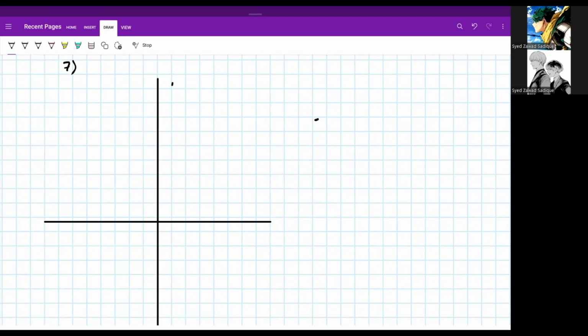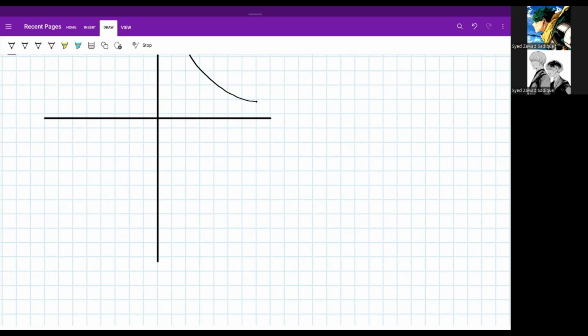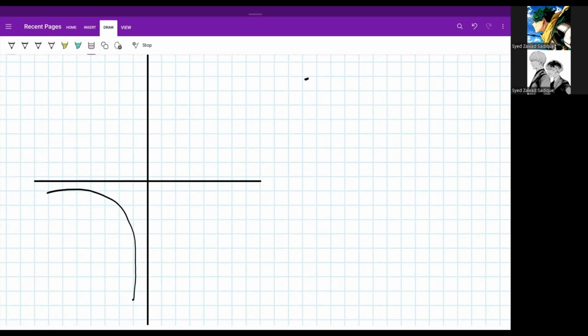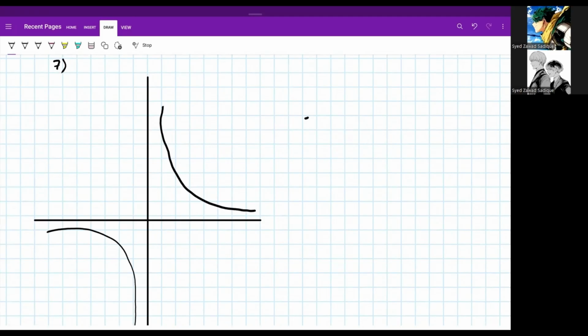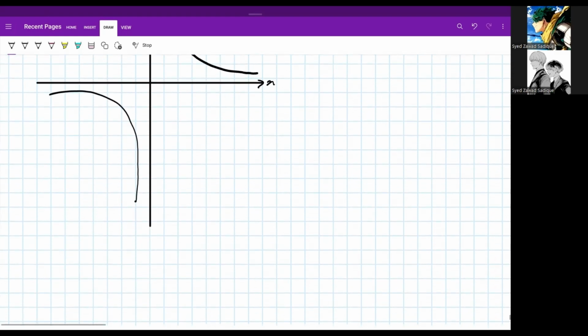Okay, this is 1, and this is 2. This is, okay, this is actually a bad sketch. This is a better sketch. Okay. Y, X. This is y equals 1 by x graph.